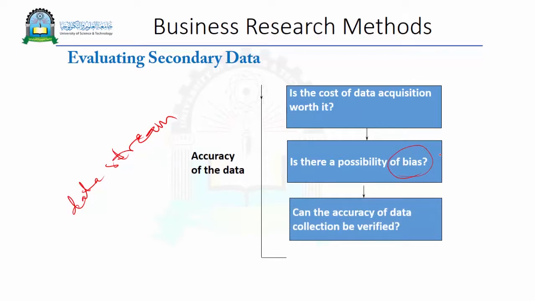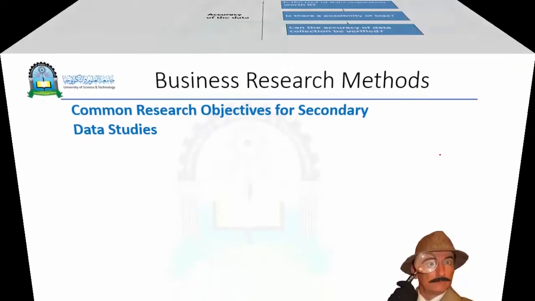Can the accuracy of data collection be verified? It is very important to ask this question. If the accuracy of the data collection can be verified, this is helpful to the researcher. That means I will make sure whether I can find the data or not.